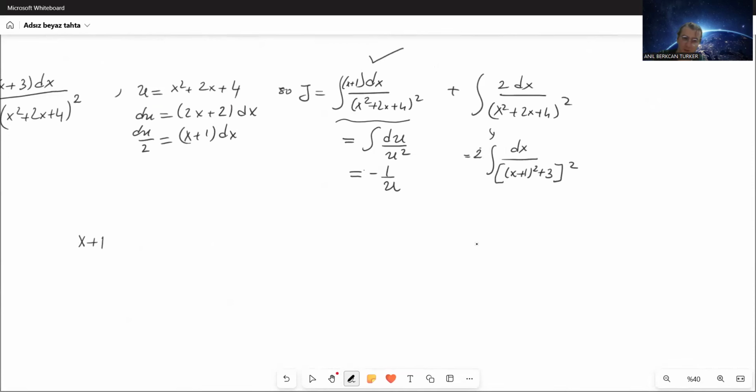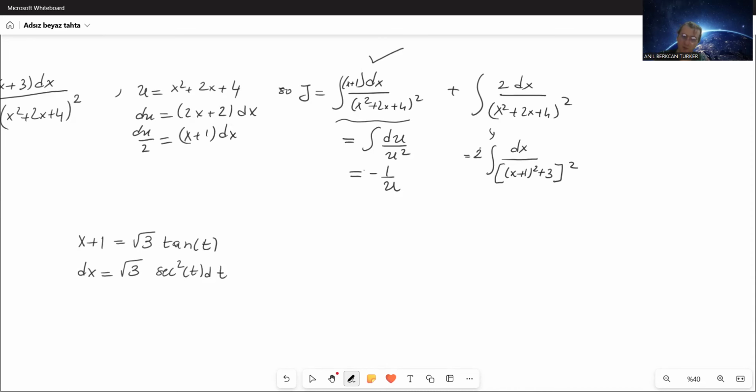x plus 1. Let me put this as square root of 3 tangent t, let's say. When you take the derivative, dx is equal to square root of 3 secant square t dt.